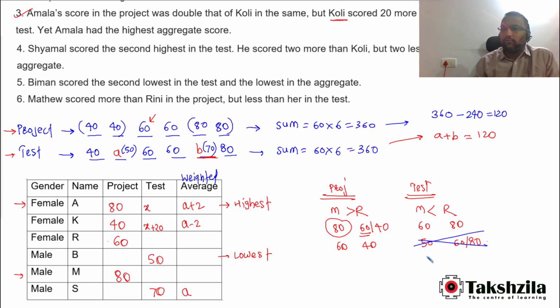If Matthew scores 40 in the test, Rini cannot score 50 or 70. Rini has to score 60 marks in the test. So it can be the 60-80 combination, or the 40-60 combination over here. Which combination is going to work, we'll have a look at it.